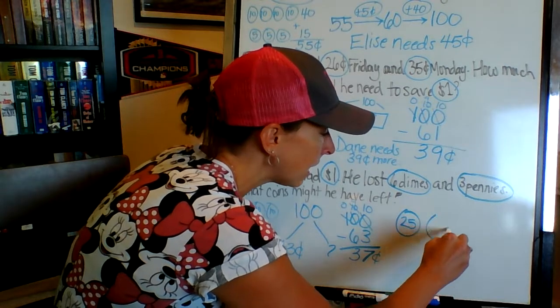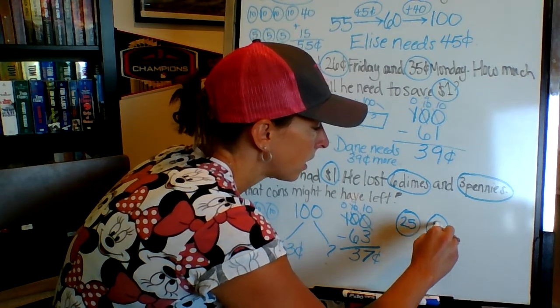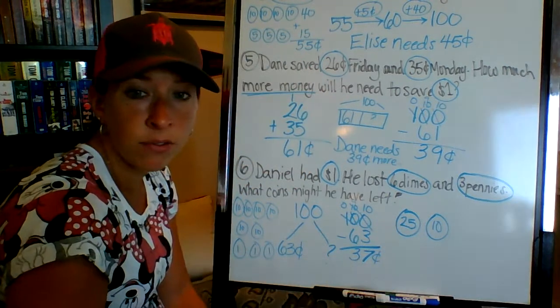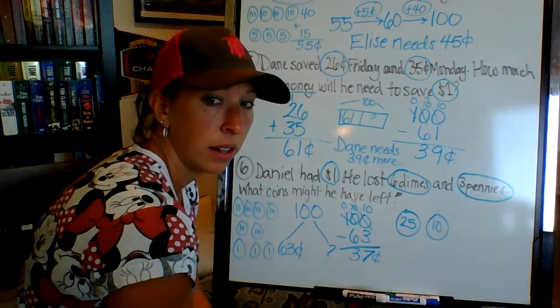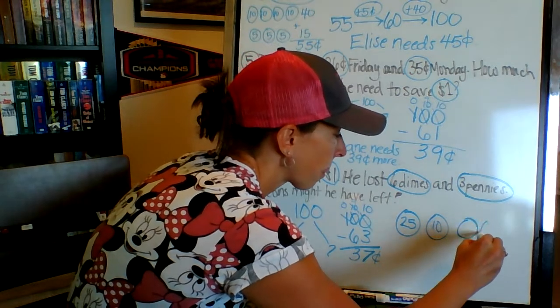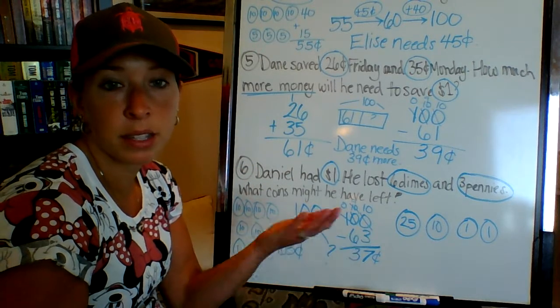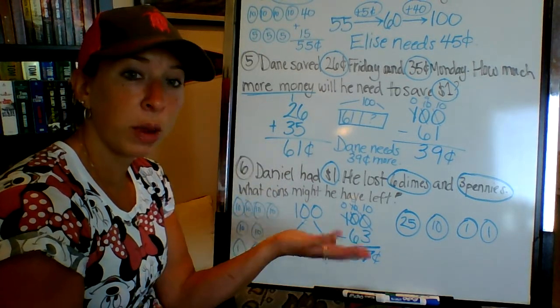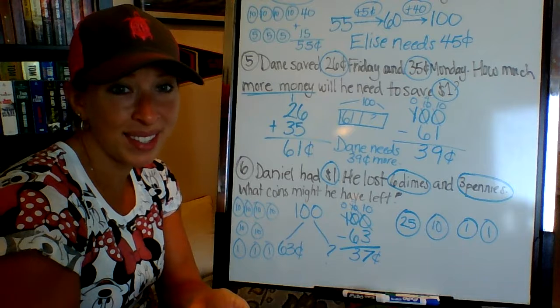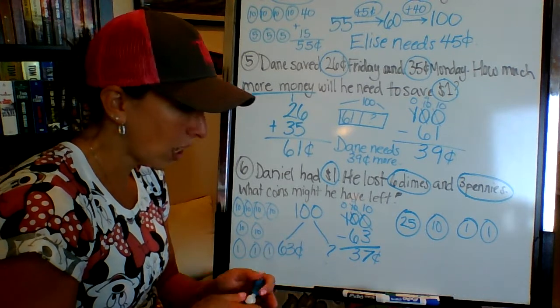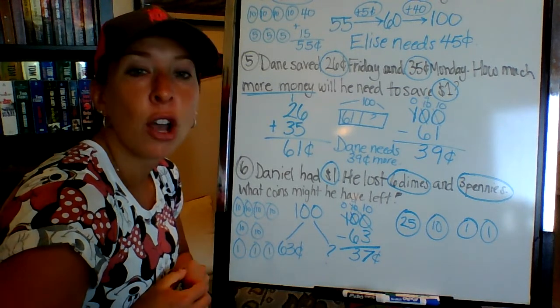Can I add 10 to that? Yes. 25, 35. Almost there. What do I need? 2 pennies. Or you could do 3 dimes and 7 pennies, or 3 dimes and a nickel and 2 pennies. Okay? You just got to make sure you come up with one that is 37 cents.